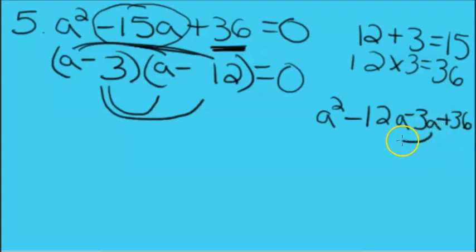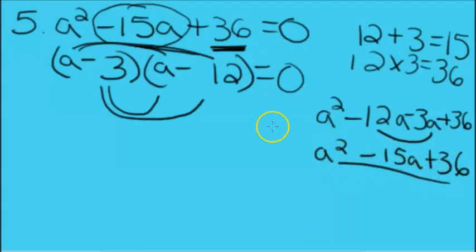Okay, so let's combine like terms, which makes this a squared minus 15a plus 36. So does this term match this term? Looks like it does. So we can continue solving for a.